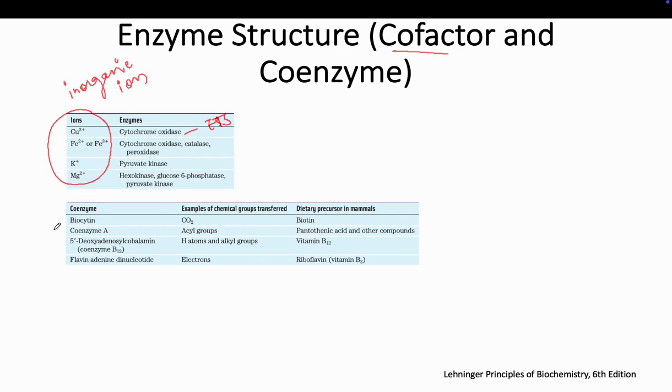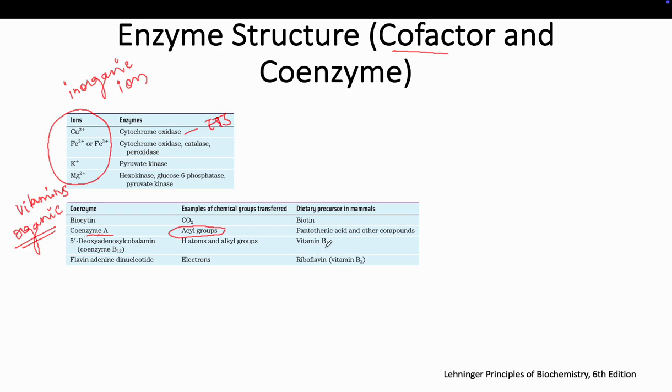And then we have coenzymes. So coenzymes are generally vitamins, okay. They are the organic part of the enzyme. So cofactor and coenzyme together work, okay, in order for enzyme catalysis. So the coenzyme here, for example, is coenzyme A, okay. Coenzyme A will transfer acyl groups, and it is derived from pantothenic acid, okay.